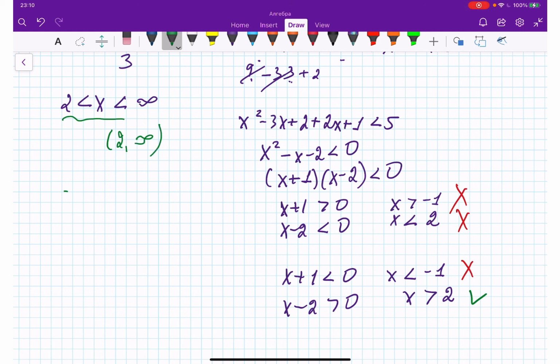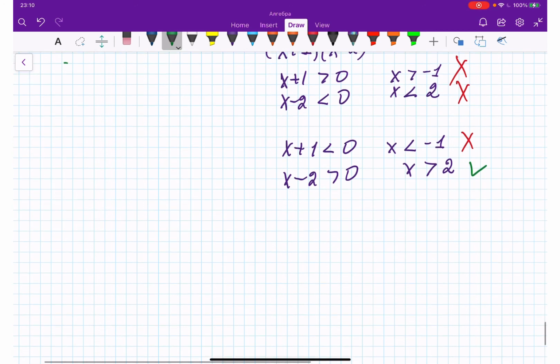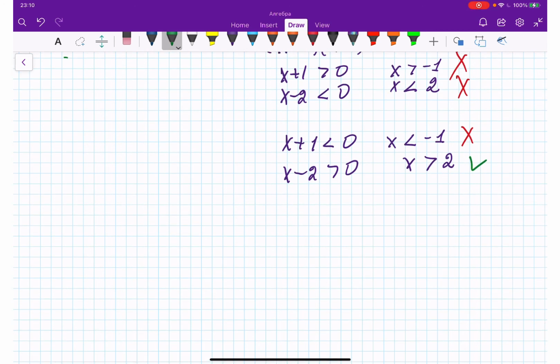Okay, if we combine all these answers, we are going to get 5 minus square root 41 over 2, negative 0.5. Then we are getting here negative 0.5 and 1.